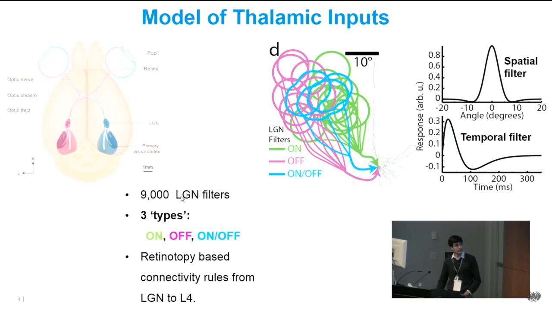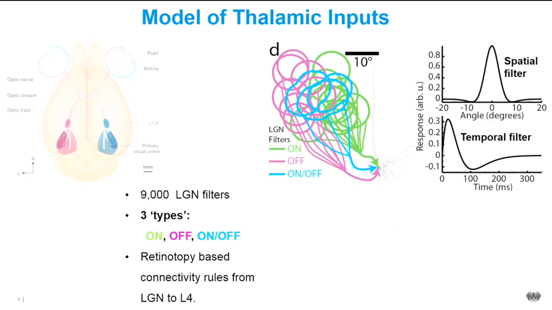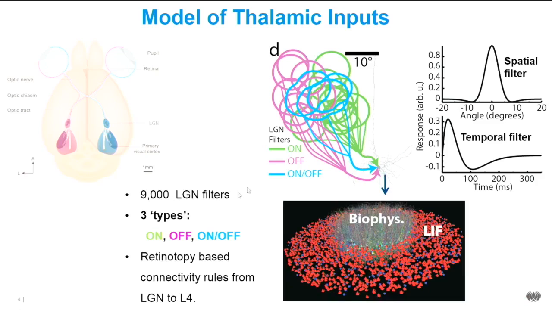These are the simple cell-like on and off subunits and the more complex cell-like on-off subunits. These units were connected to layer 4 using simple retinotopy-based connectivity rules. Once we had this model, we could then use it to transform any arbitrary visual stimulus to spikes, which can then be used as inputs to our detailed biophysical models.